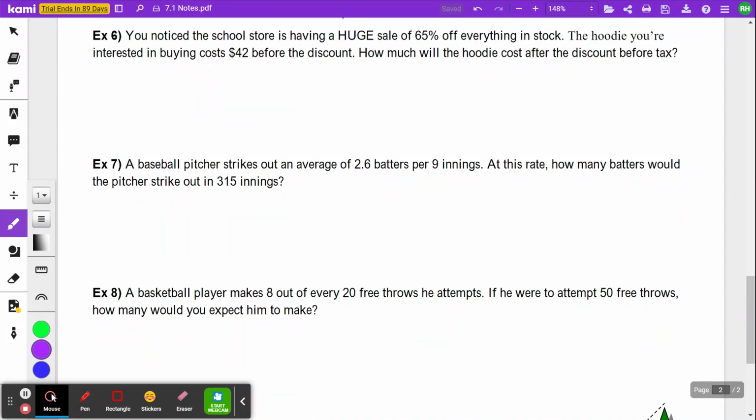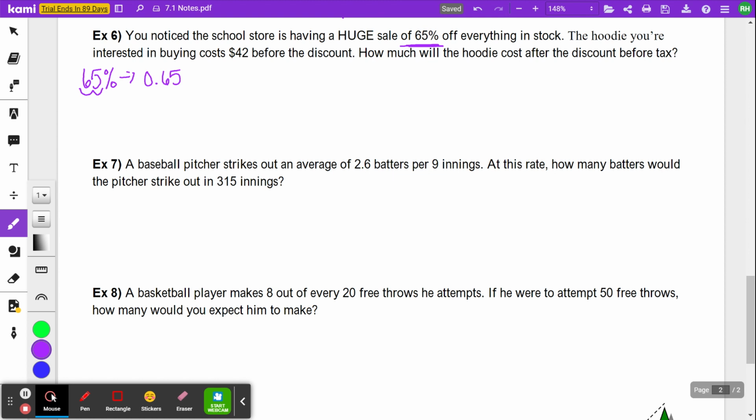You notice the school store is having a huge sale of 65% off everything in stock. The hoodie you're interested in buying costs $42 before the discount. How much will the hoodie cost after the discount, but before tax? So first thing we talk about with percentages is that we have to actually write them as a decimal, right? So 65%, hopefully you know you take the decimal point and you go backwards 2, which gives you 0.65 as your decimal, okay?